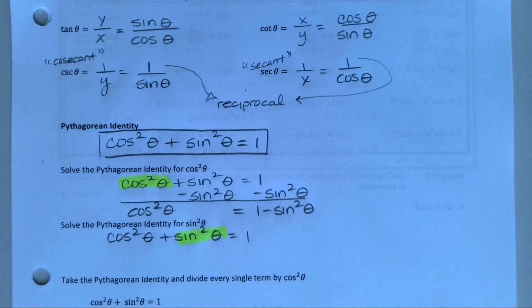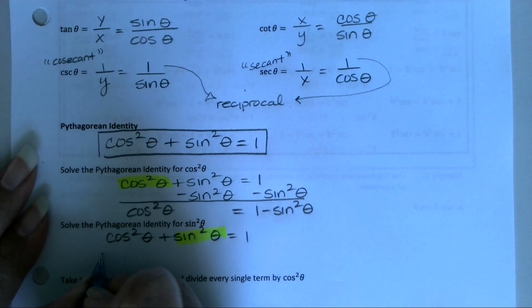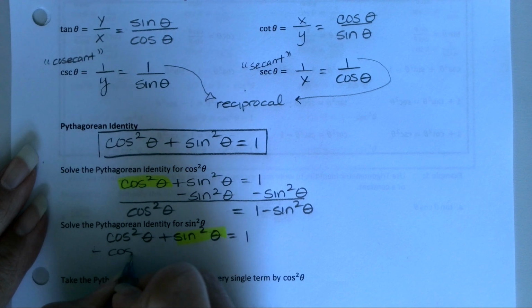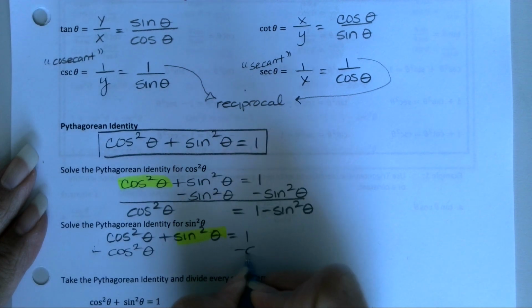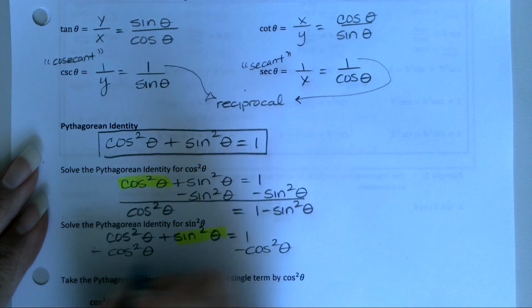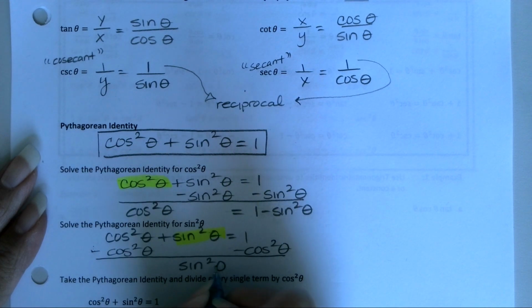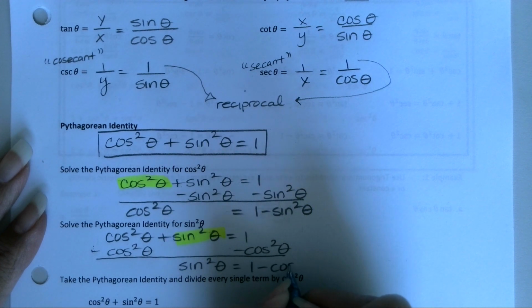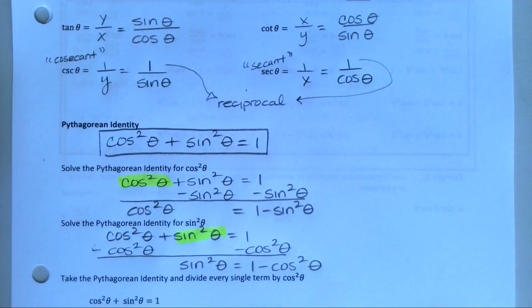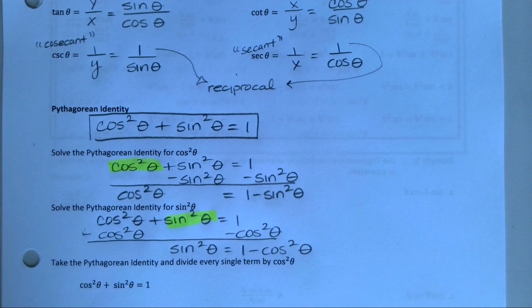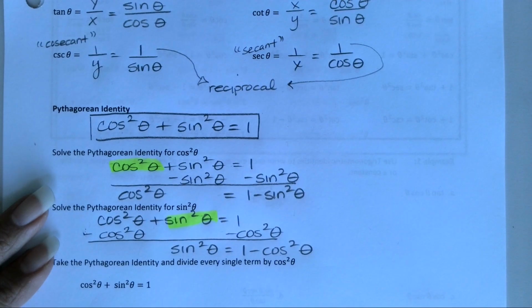All right, so Judy, what did you do on this one to isolate? Good. So she subtracted cosine squared theta on both sides and isolated your sine squared theta. So even though the trig identity has now changed in format, it's still the same formula three times over, okay?